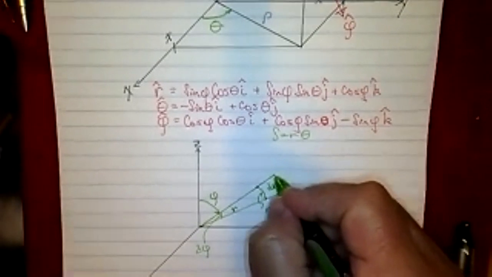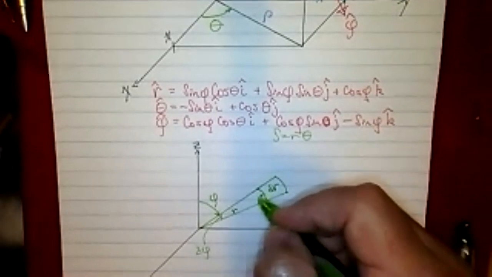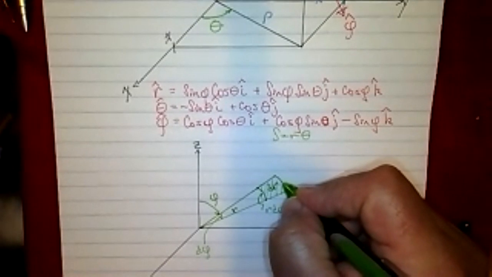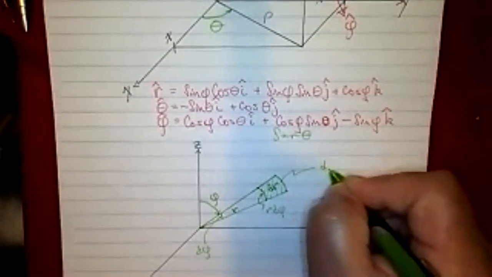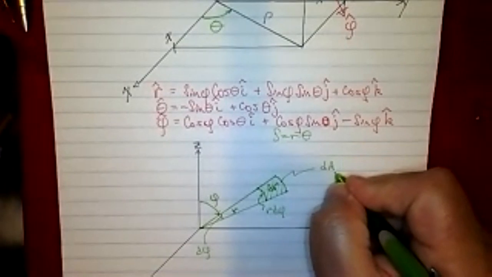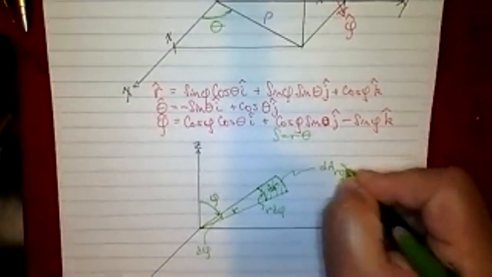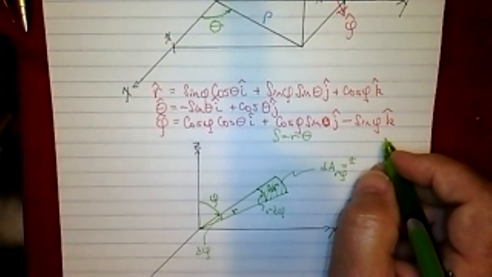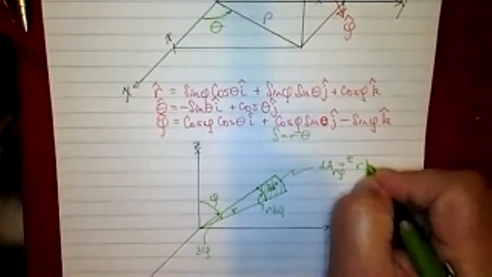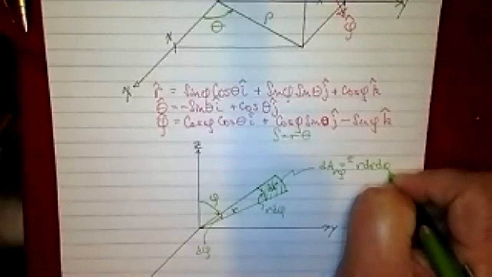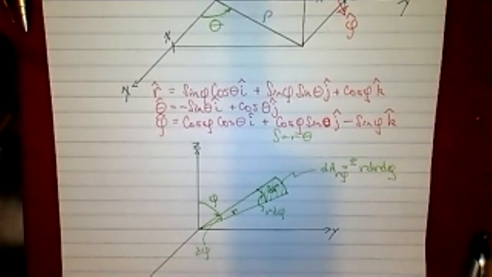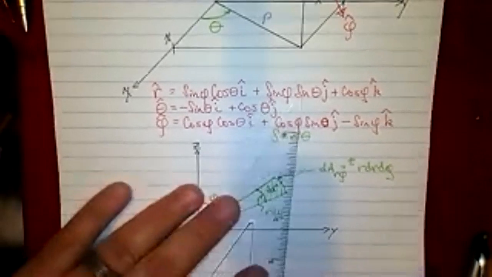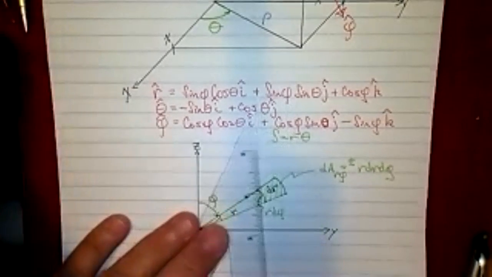Okay, so now I have one unit of area dA, and I'll call that dA R phi, and that's equal to plus or minus R dr d phi. That's the magnitude. Of course, you have to draw down here to realize this, so I will do that real quickly. Let me do it with a blue line.